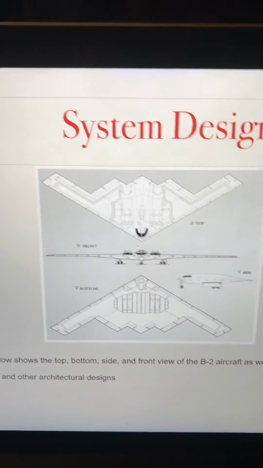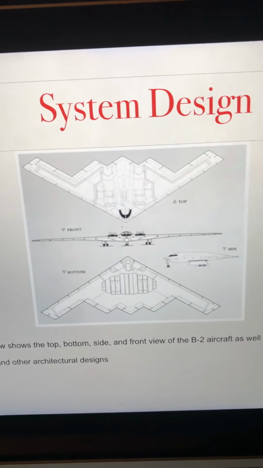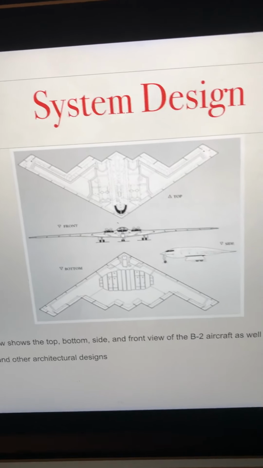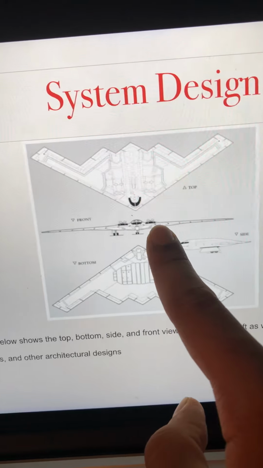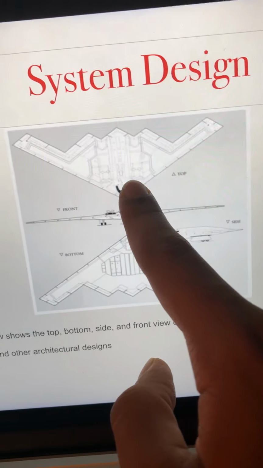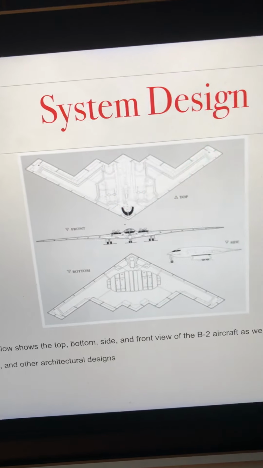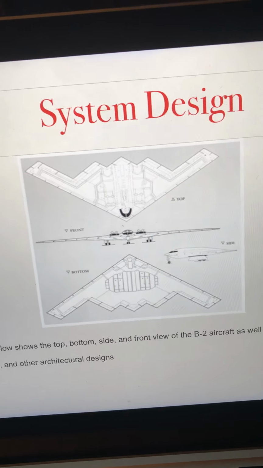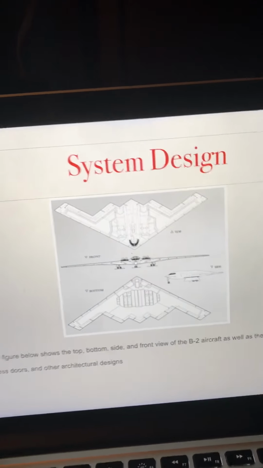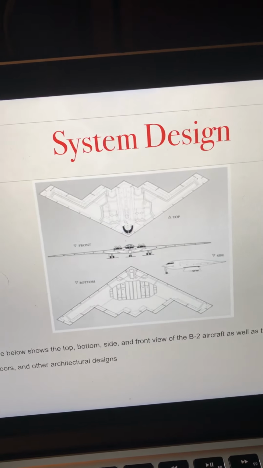So this is an external architecture diagram of the B-2 aircraft. That's the bottom, that's the front, and that's the top. And you can tell from the front view how thin, as I've also shown you in the video, and how precise the design is.